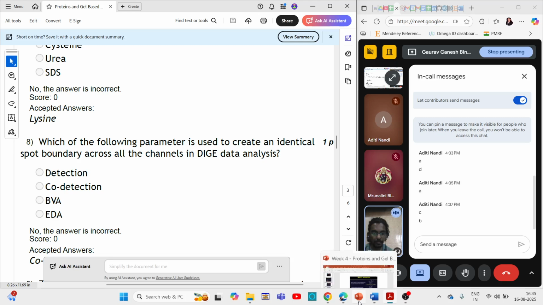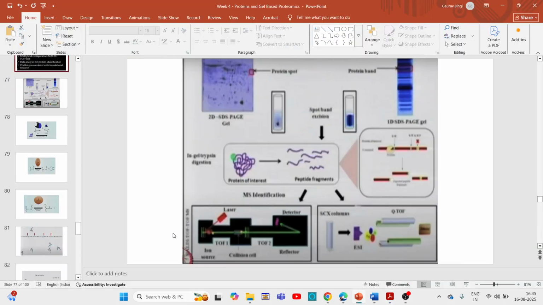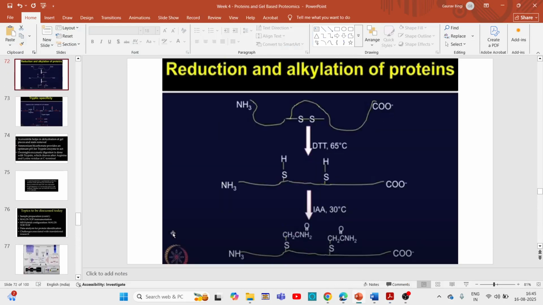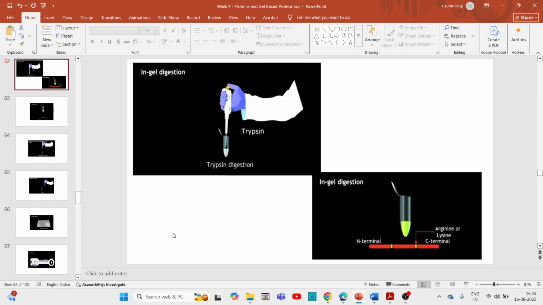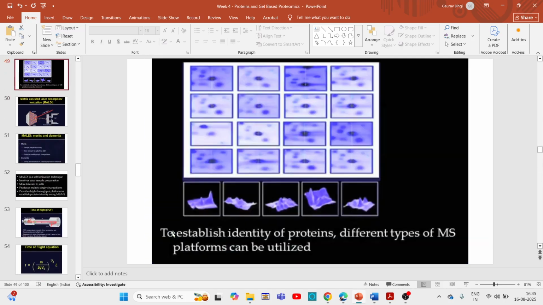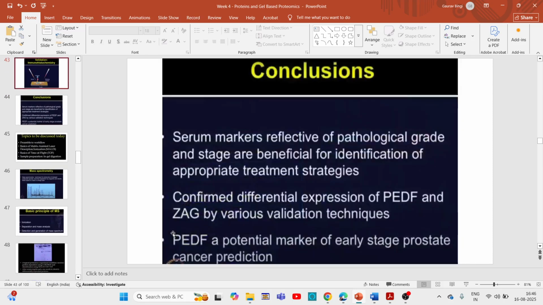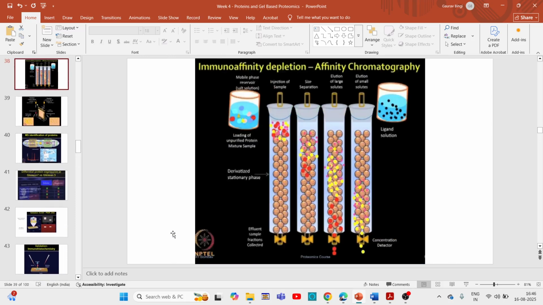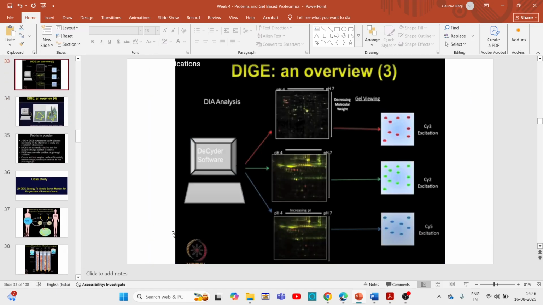I think if I have an image of it, it will be easier to understand. Spot boundary indicating. So for example, you need to do co-detection basically.